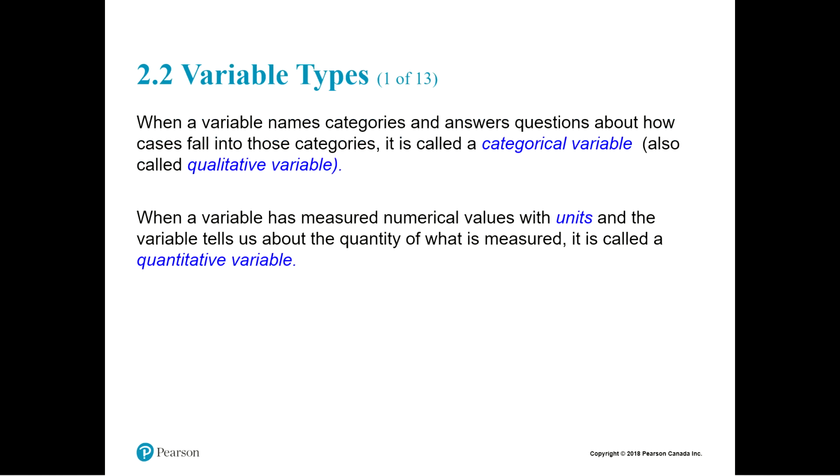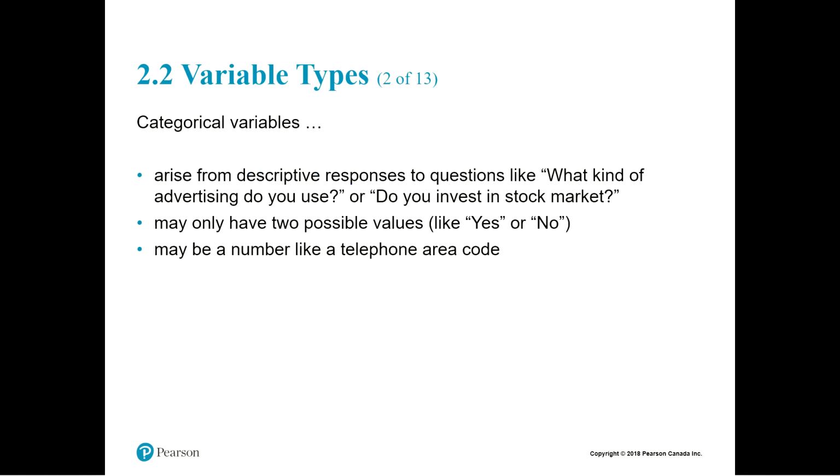Let's continue. Variable types: categorical variables arise or come from descriptive responses to questions, all kinds of questions. What kind of advertising do you like? Do you invest in the stock market? Where do you shop? Questions like this are category or descriptive responses and may only have two possible values like yes or no. You have done this in the survey.